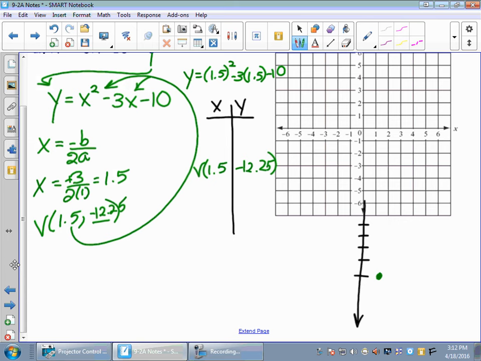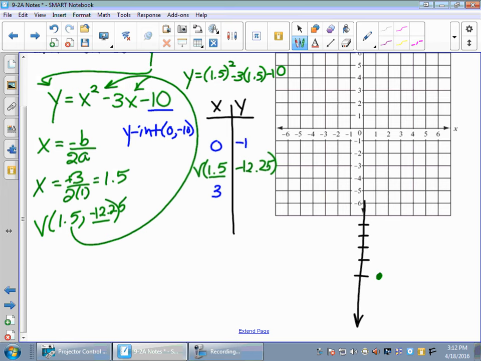So I've got a fraction here. I don't like it. So I'm not going to go to a fraction. I'm going to go to 0 to the left. And that's 1.5 units away from the vertex. So another 1.5 units away in the other direction would be 3. So I'm going to use 0 and 3. Well, 0 is my y-intercept. So if I look at my equation, my y-intercept is 0, negative 10.